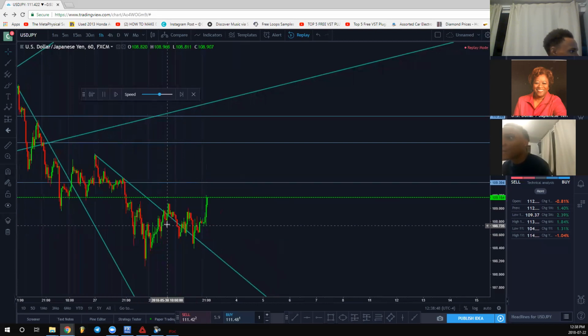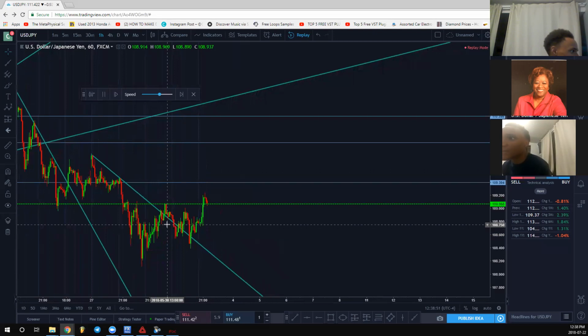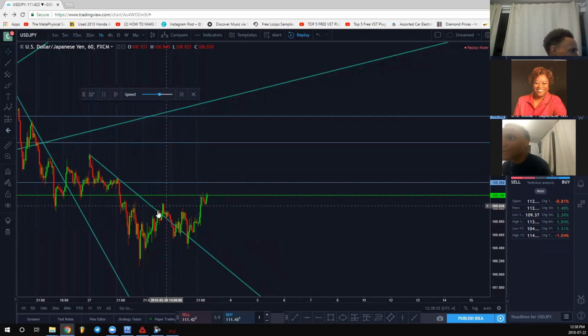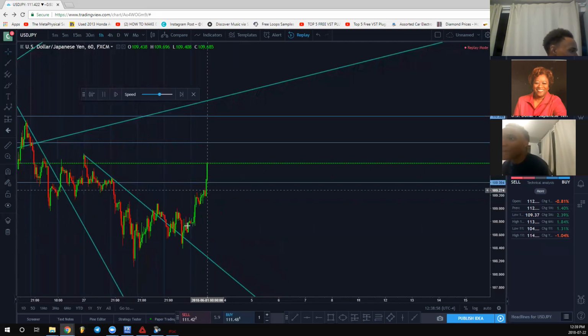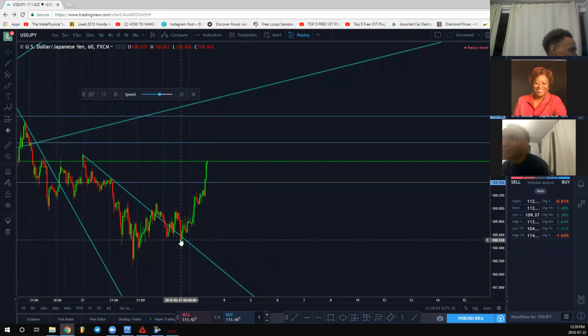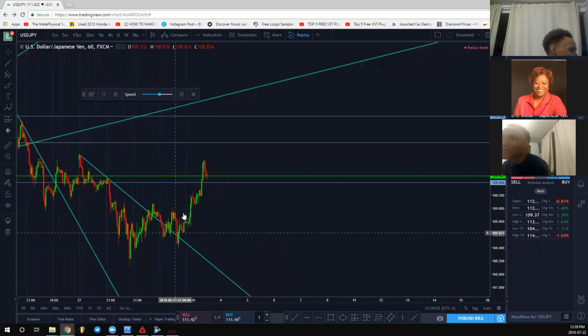Look at it right there. It's like just riding the line. I'm up here, I'm down there. Okay, fine, now I'll take a movement. Strong impulse moved into the opposite direction.